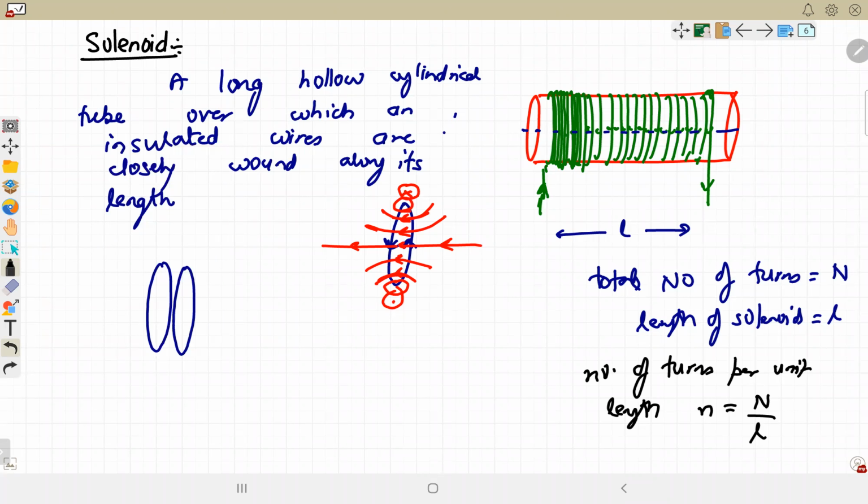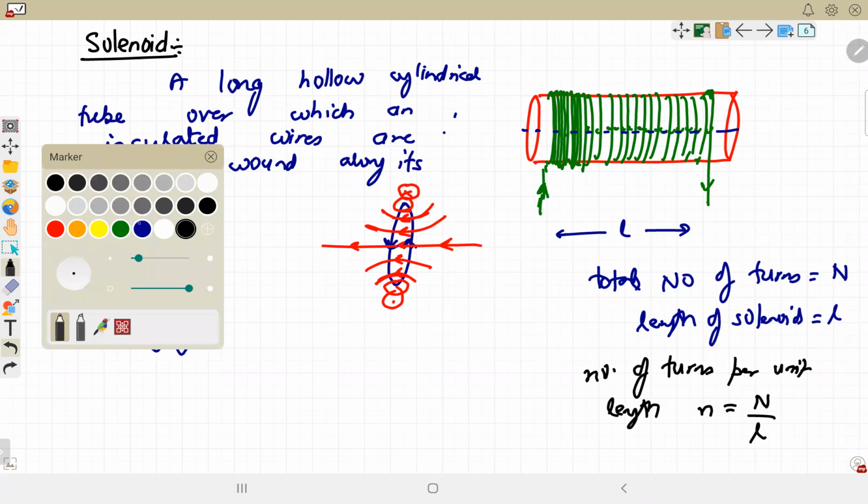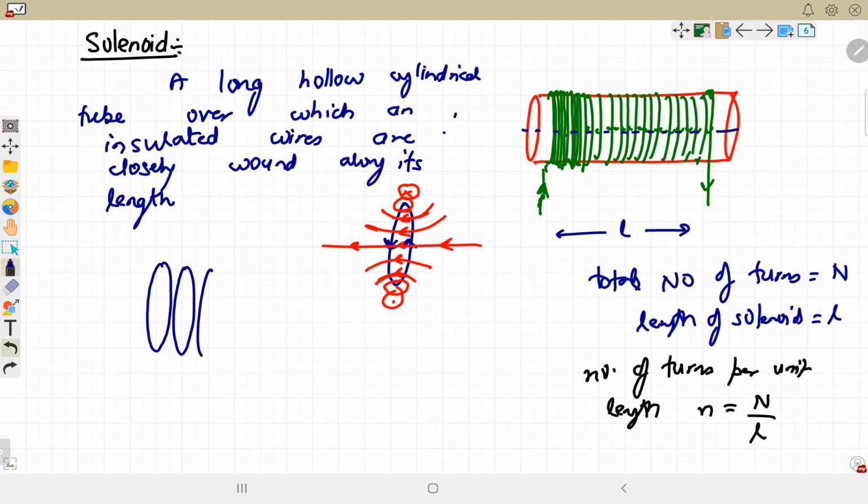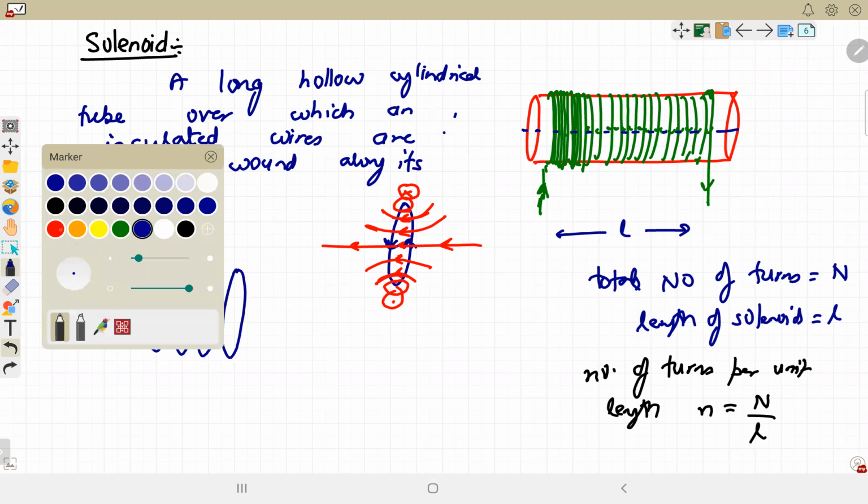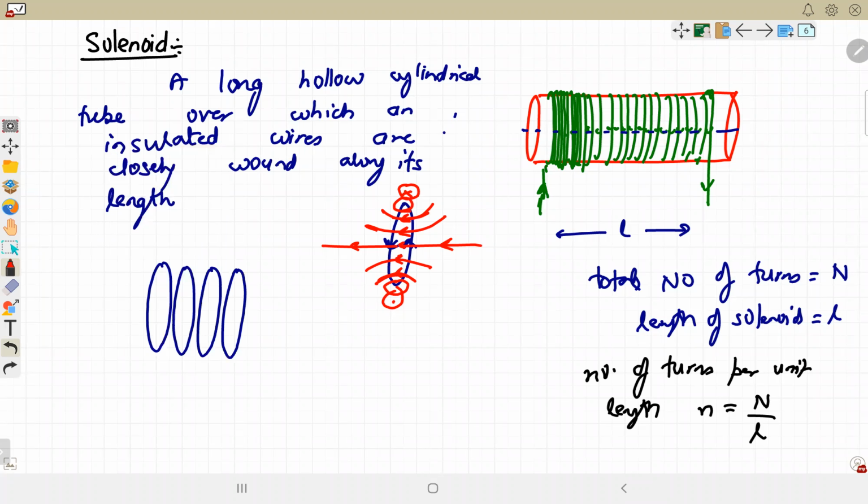This was for one, but now there are infinitely many placed side by side. So when they are placed side by side, their magnetic fields will add to each other. And as a result, the magnetic field inside becomes like parallel lines.